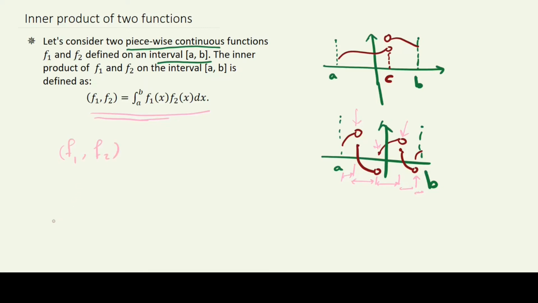If you remember, if we had two vectors like a and b, we would show the inner product by a dot b or a and b in parentheses. For the inner product of two functions, we use this notation, putting f1 and f2 in parentheses, and that just means we refer to this integral of f1 times f2 over the interval a to b.